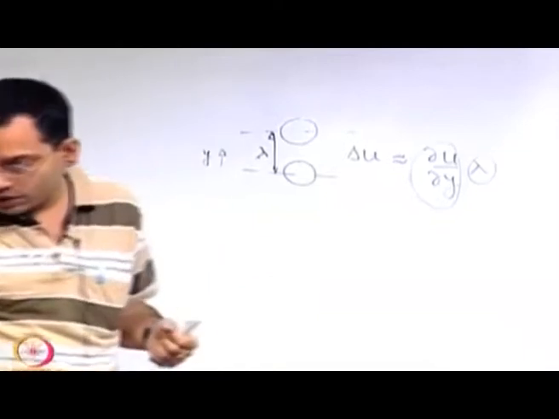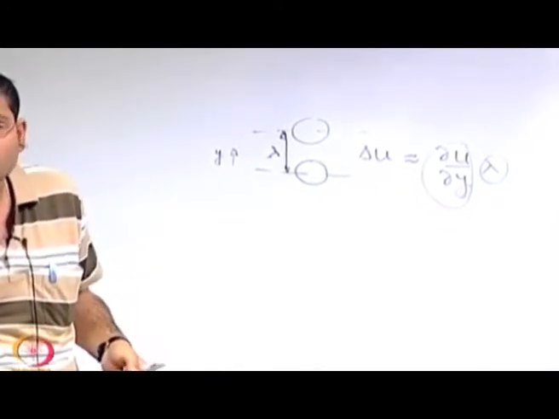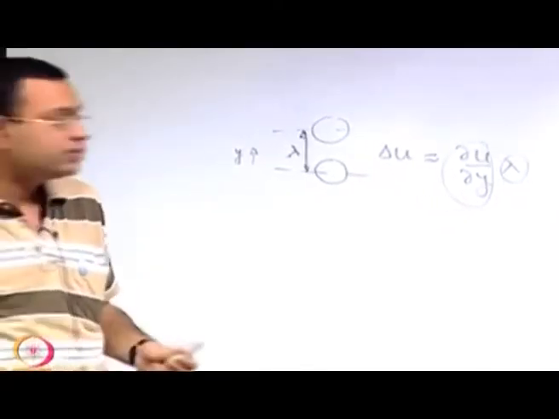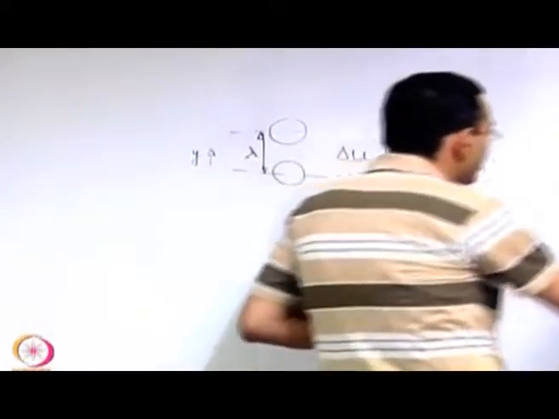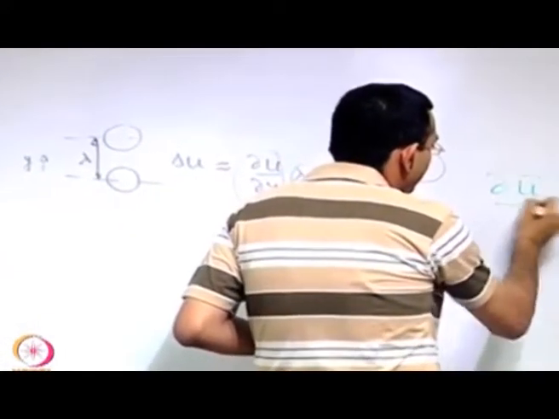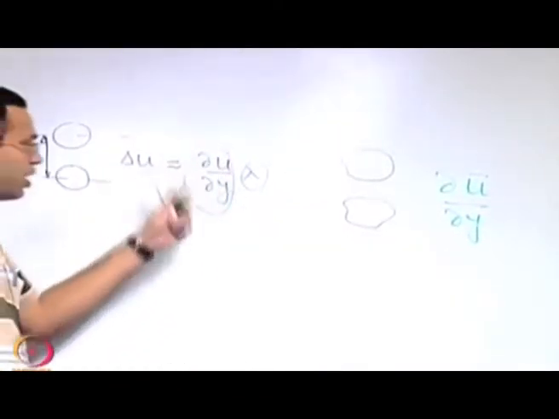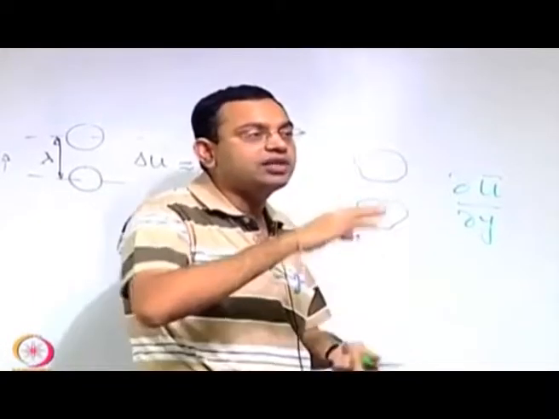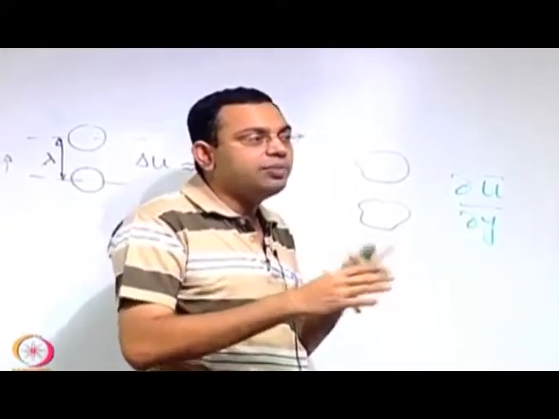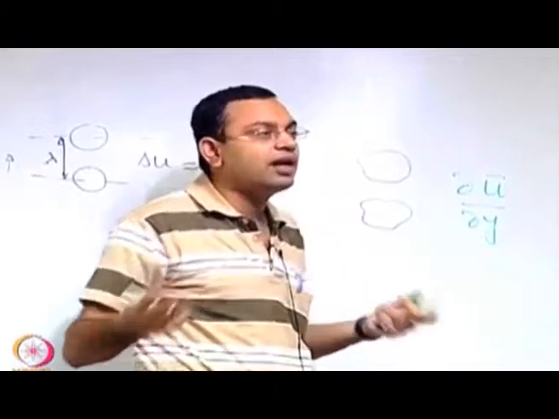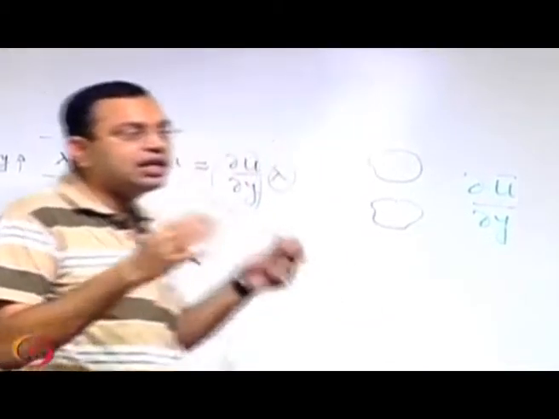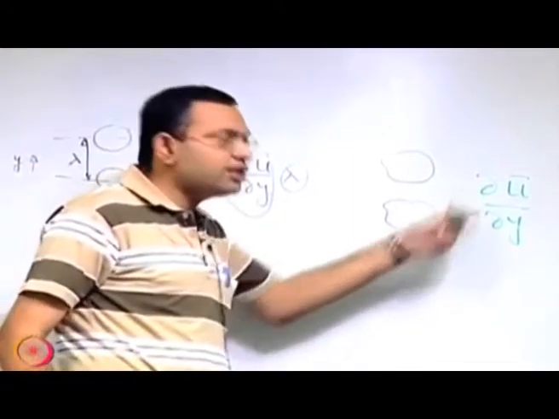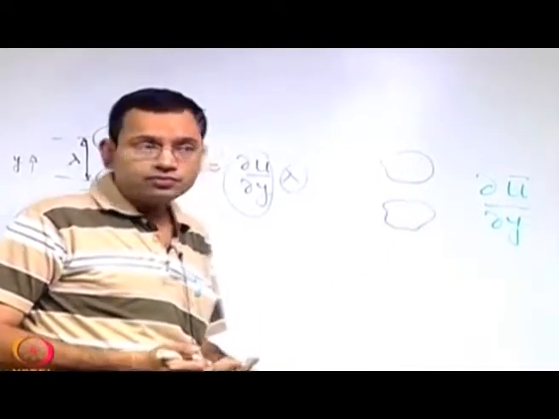So instead of the gradient in the velocity as we had for the molecular picture, here we are talking about the gradient in the average velocity, because anything beyond that is taken care of by the fluctuation, which statistically gives rise to the interaction between eddies, but the average of the fluctuation is 0 itself.